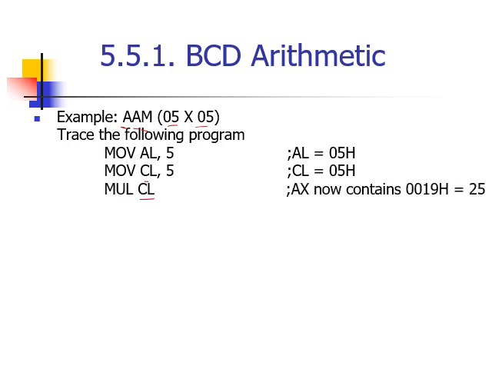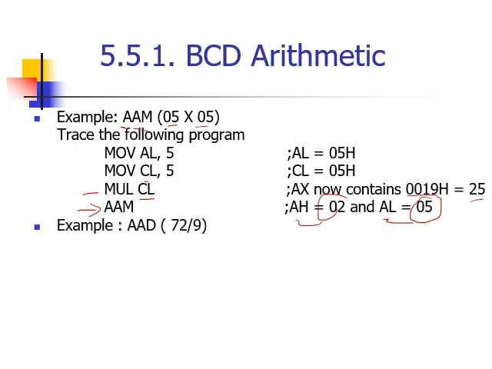MUL CL. This is the hexadecimal result, which is equal to this decimally. Don't forget, after multiplication, adjust your AL after multiplication. So now the 25 would be placed, 05 into AL, 02 into AH. This is the low byte and high byte.